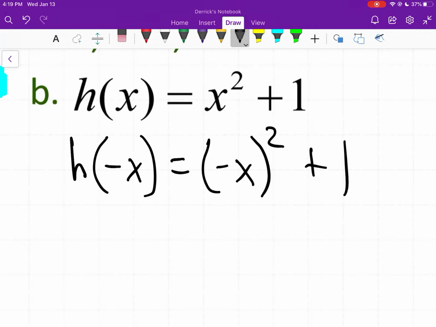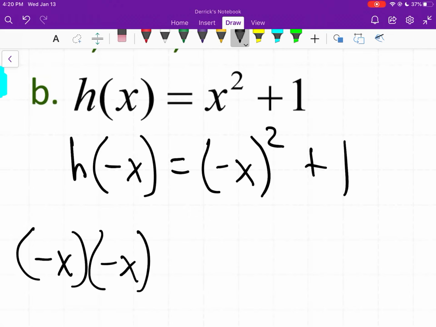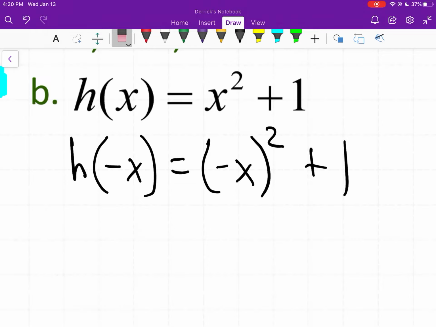So this time the question would be, what is a negative number squared? If we square a negative number, does it stay negative like in the last problem, or does it change to being positive? Well, we know that a negative times a negative is a positive. And since squaring means you're taking something times itself, anytime you square a negative number, you will always get a positive answer, meaning we can change this back to a positive x squared.